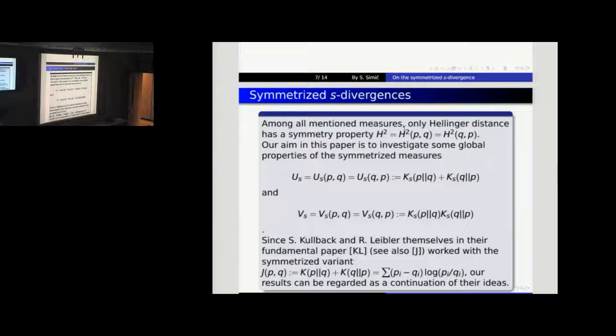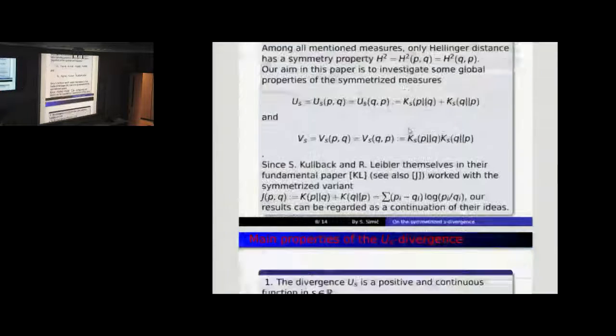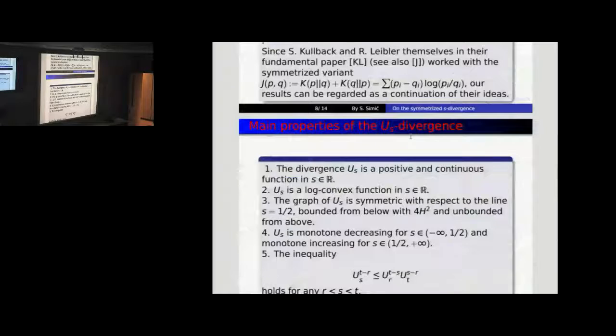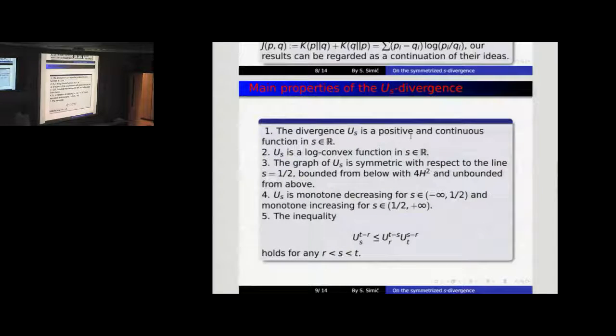What are the results? The main theorem of this article is this: U, as this is the sum, is positively continuous, then it is log convex for each S, then the graph of S is symmetric with respect to the line S equals 1/2, and the lowest point is when S equals 1/2, and this is exactly 4h squared.